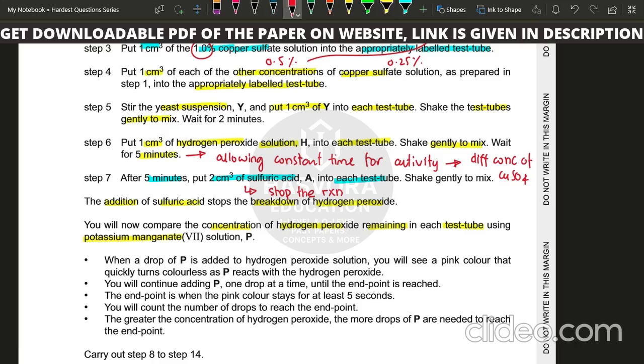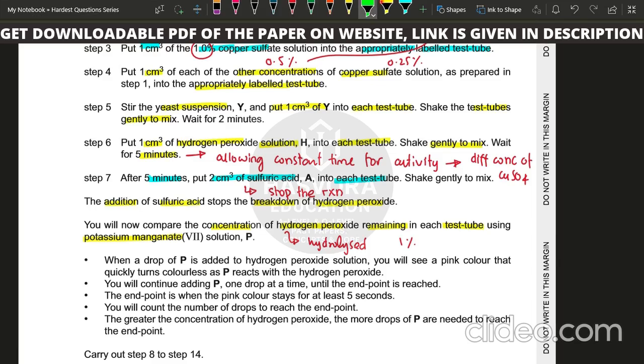Okay, so till now, you just have to check the concentration of the hydrogen peroxide that has not been broken down. And because we know that copper sulfate is the inhibitor, the test tube in which we have the highest concentration of copper sulfate, the 1%, will have the highest concentration of hydrogen peroxide. Why? Because the enzyme activity will be the least, because copper sulfate is the inhibitor.